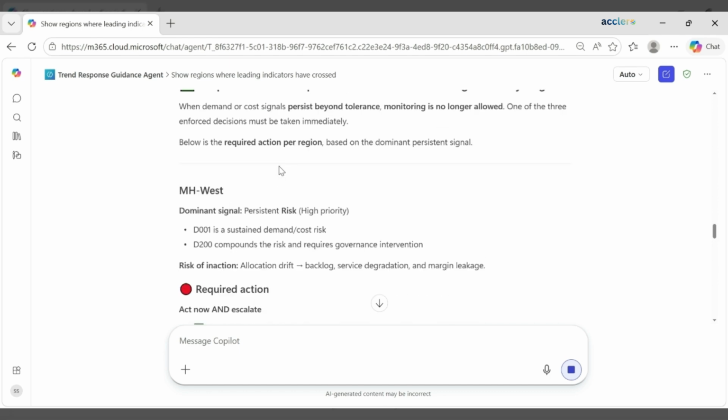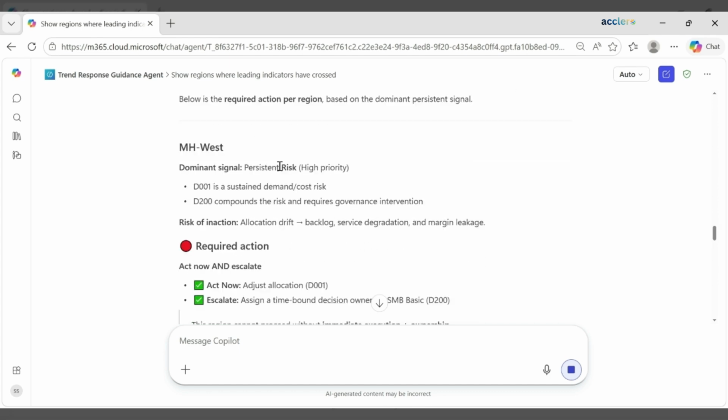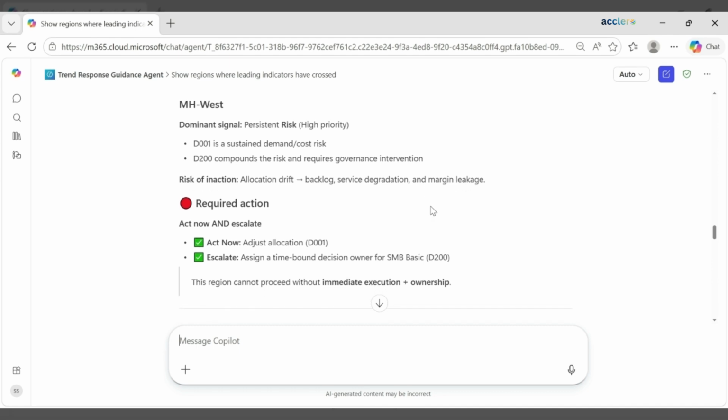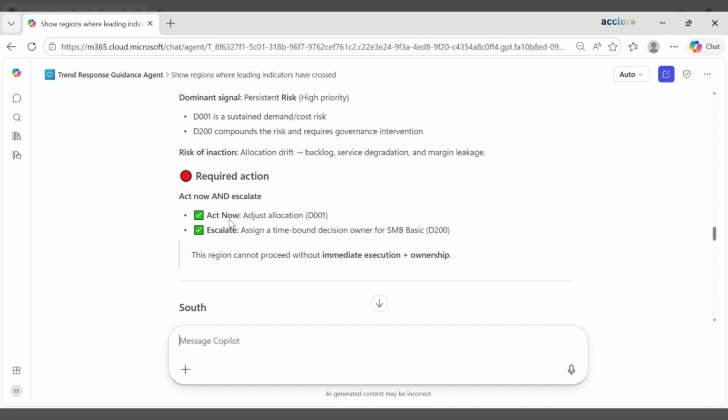It is a persistent risk, and the risk of inaction is allocation drift with backlog, service degradation, and margin leakage. Demand acceleration is detected, and the agent requires immediate action. The required action is act now.